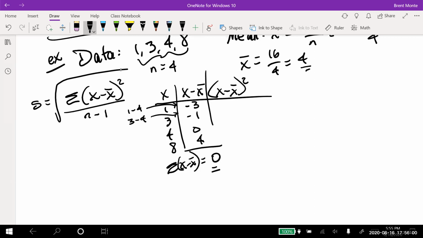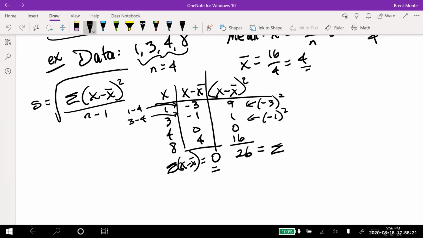So now I square all the X minus X bars. This is a 9, so that was the negative 3 squared. The next one is the negative 1 squared, which is 1, and so on. I go down: 0 squared is just 0, 4 squared is 16. So the 9 and the 1 is 10, plus 16 is 26.